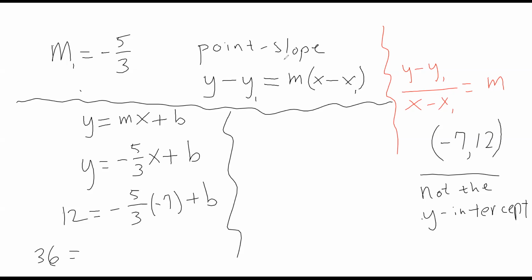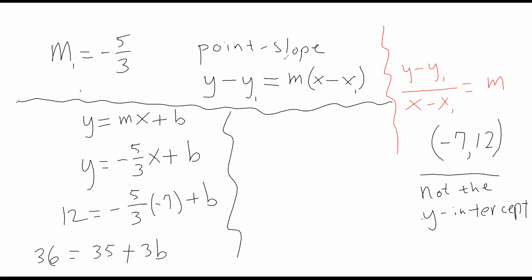The 3 in the denominator goes away, so we're looking at positive 35. And then we also have to multiply the b by 3, which gives us 3b. If you subtract 35 from both sides of that equation, 3b would be 1. And if 3b is 1, b is 1/3.